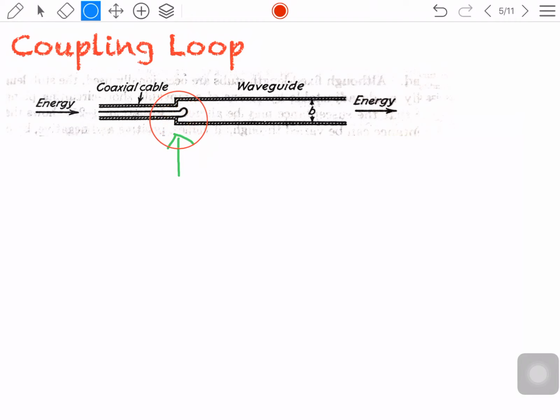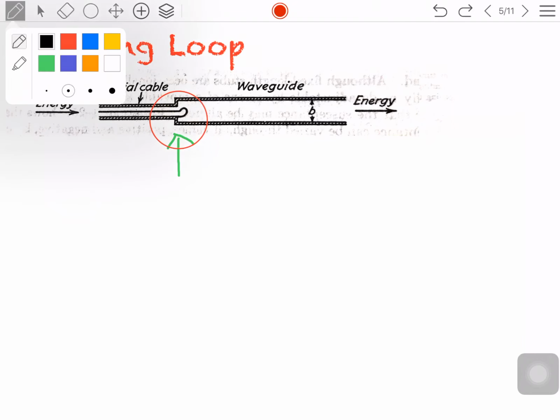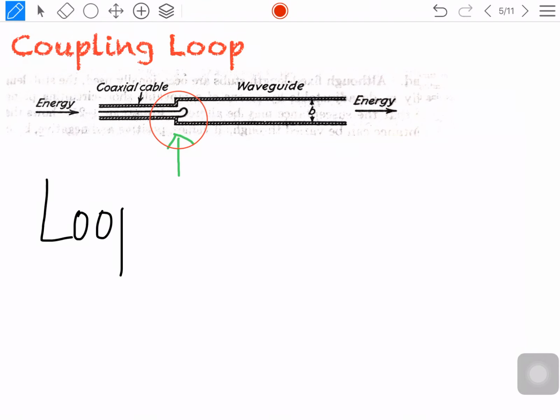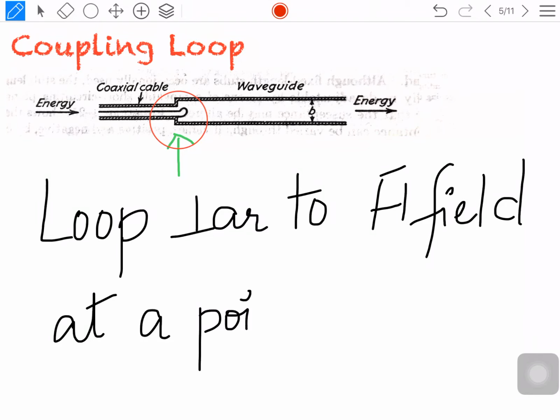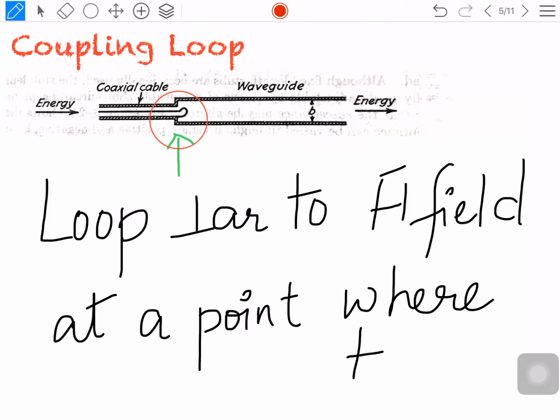The only thing you need to remember here is that the loop is perpendicular to the magnetic field, and it should be placed at a point where the magnetic field intensity is very high.